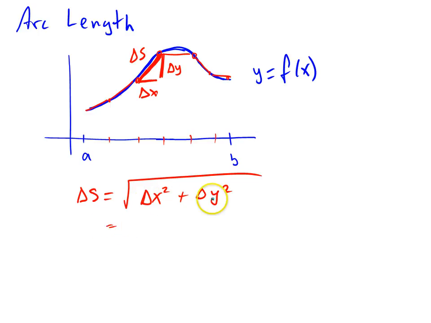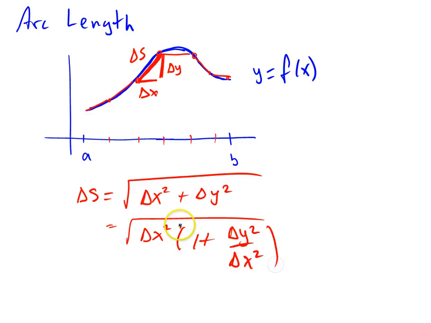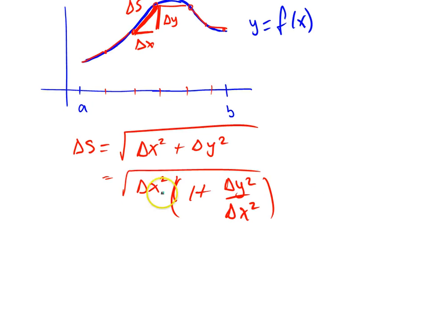Let me factor a delta x squared out of that thing. So under the square root still, I've got a delta x squared times 1 plus delta y squared over delta x squared. And then the delta x squared can come out of the square root, and I'm going to write it on the back side.